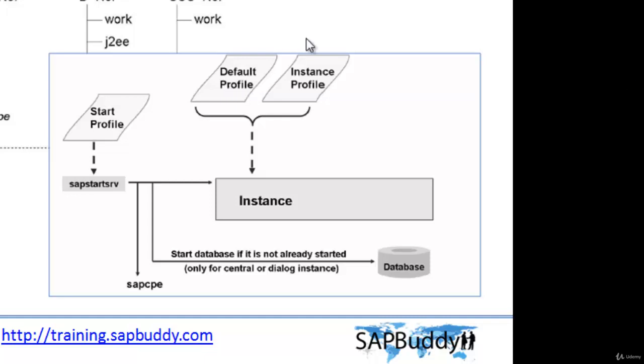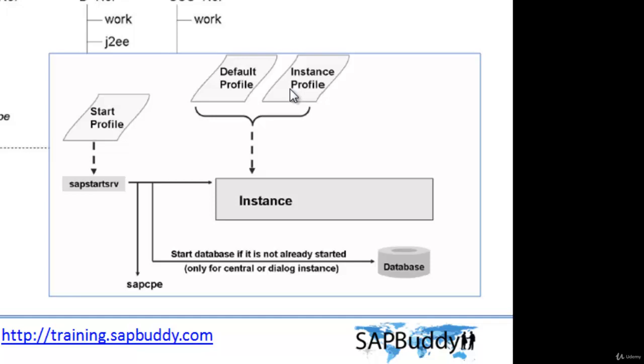Then you will have the instance profile, that is specific to one instance. For example, how many dialog work processes you want in this specific instance, depending on the memory capacity as well as the CPU capacity. This can be defined in the instance profile.